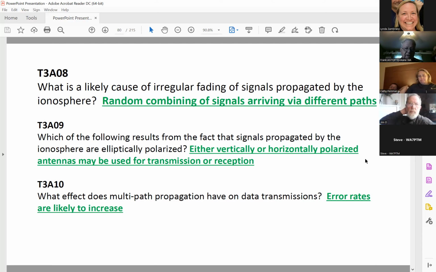Not reflection, refraction. For example, normally with VHF, if you look at the horizon, an ordinary person is probably going to have a 6 to 8 mile distance before you hit the horizon. But radio waves are able to be slightly bent and they sort of go around the horizon a little bit. So you get maybe a 20% increase in the distance.